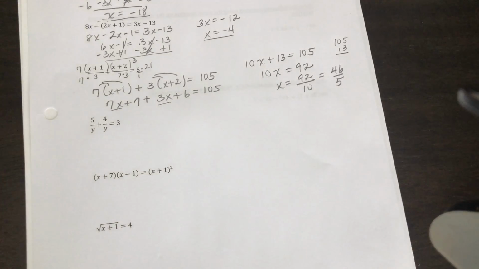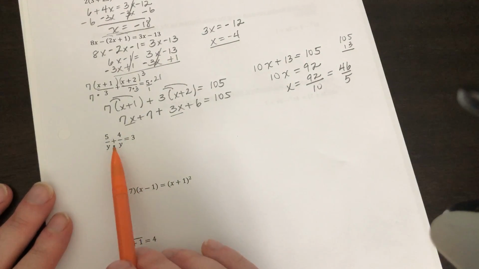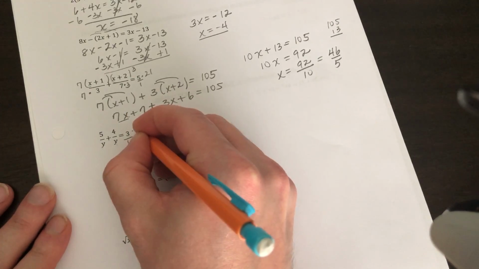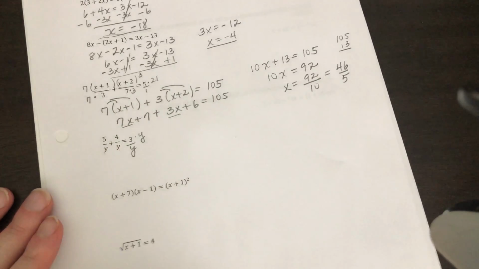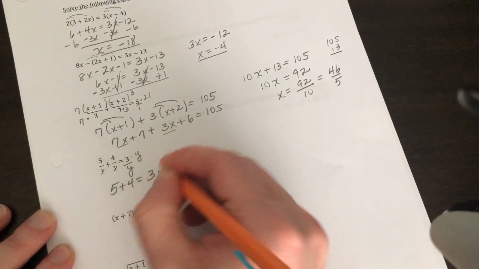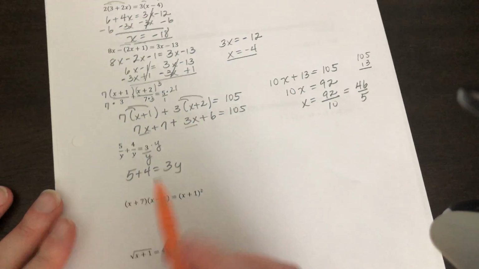Okay, next one. When you're adding and subtracting fractions, you have to have a common denominator. So your common denominator is y, okay? These two terms have the y, but this one doesn't. So you have to multiply the top and the bottom by y. So we're going to get 5 plus 4 is equal to 3y. 5 plus 4 is 9.